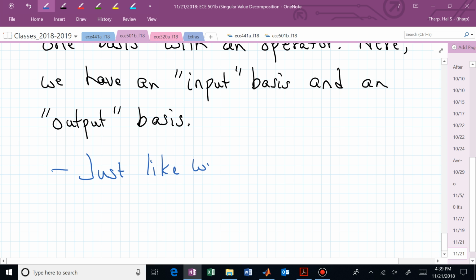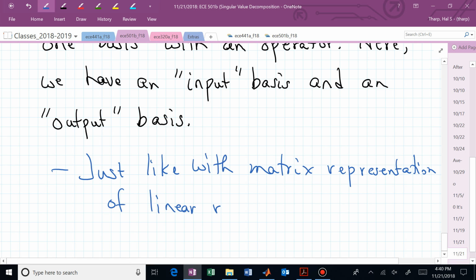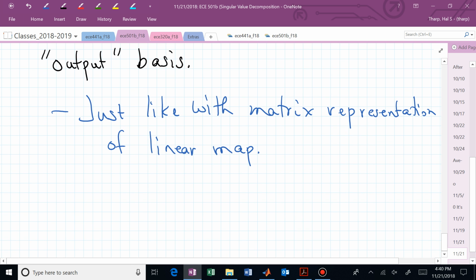And just like with a matrix representation of a linear map, we can now think about using that in this particular operator.